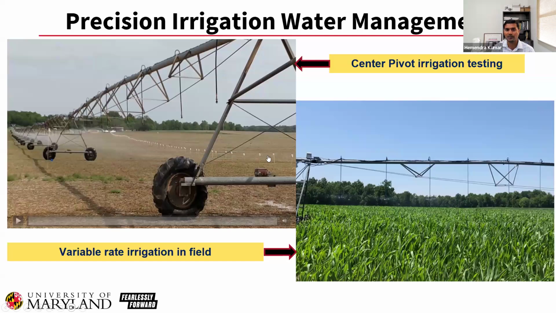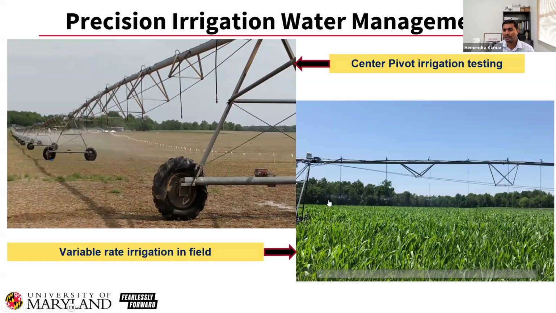If you see the white cups with the sticks throughout the center pivot system, these cups are catching the water from each nozzle, and we measure with a measuring cylinder to know how much water each nozzle is releasing. So we compare how the uniformity is. We call it the catch can test. I can send you the link to read more in detail about how we do these tests and why they are important.